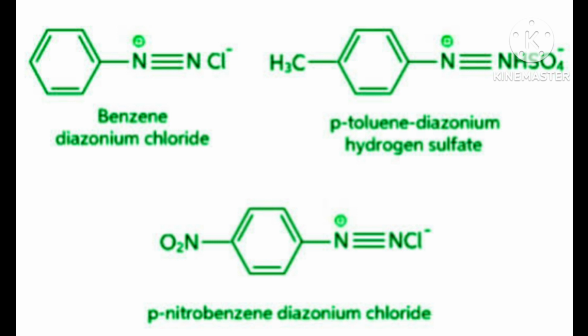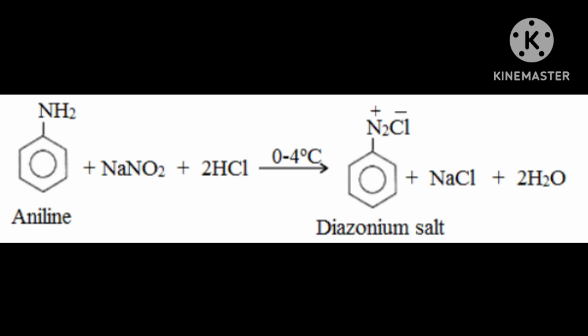Here you should understand, primary aliphatic amines form highly unstable alkyl diazonium salts, but primary aromatic amines form arene diazonium salts, which are stable for a short time in solution at low temperature, meaning around 273 to 278 Kelvin.